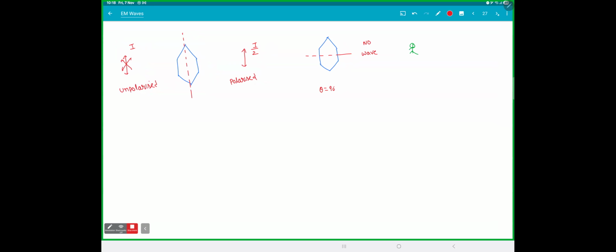Now when I keep the polarizer here, you can see, right? Nothing changed. Can you see in this direction? You can't see anything. I keep it here, you can see the screen. You can't see. So this is clear, the light coming from the screen is actually polarized.